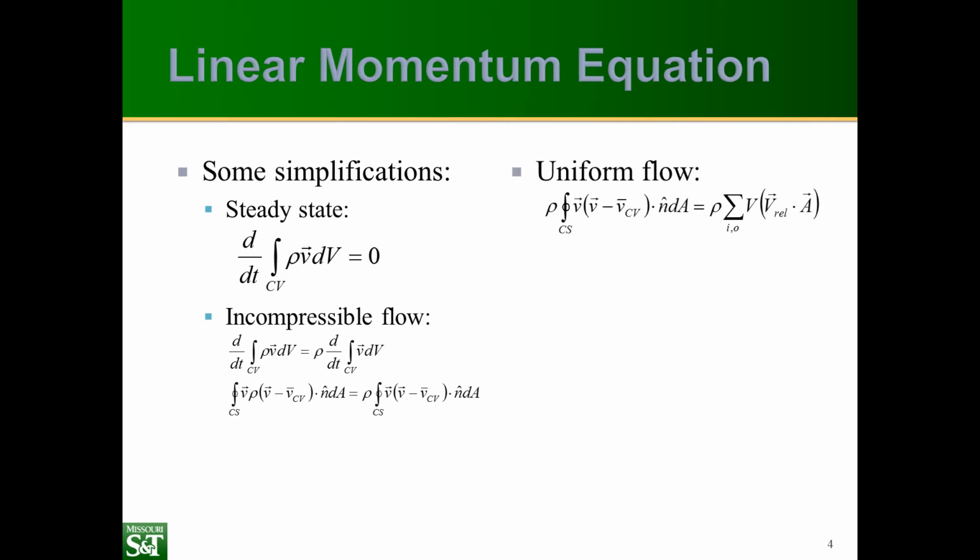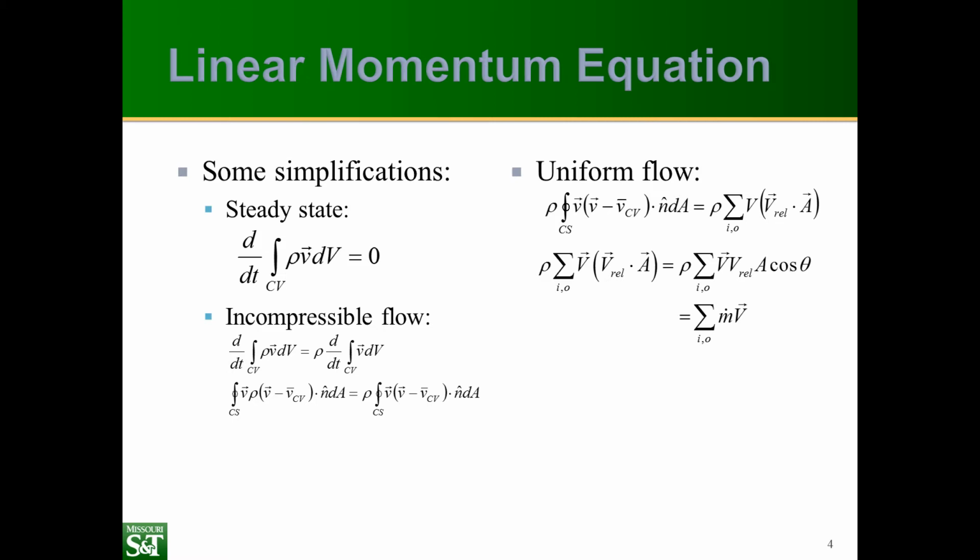If we can assume the flow is uniform, we can convert that surface integral into a sum over all the different areas, all the different inlets and outlets. Here we have to be careful again of the sign of the dot product, but we've already talked about that. And so we can actually reduce this to the sum of mass flow rates times velocity. So that allows us to further simplify.